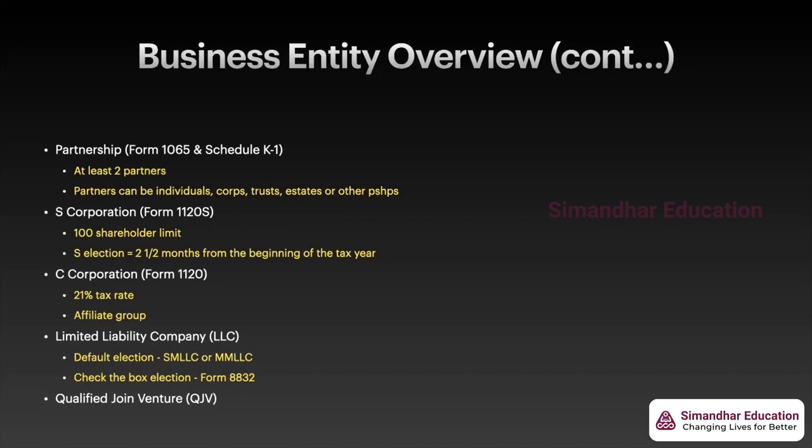Because when you file a Schedule C within the Form 1040, you obviously can claim certain business expenses. So each of these individuals in the married couple would be claiming certain expenses at their own level. So it has the advantages of a partnership, but only limited to a married couple.